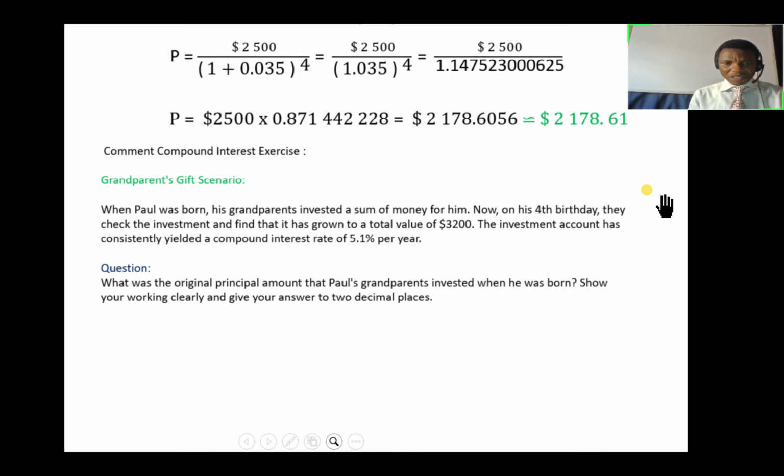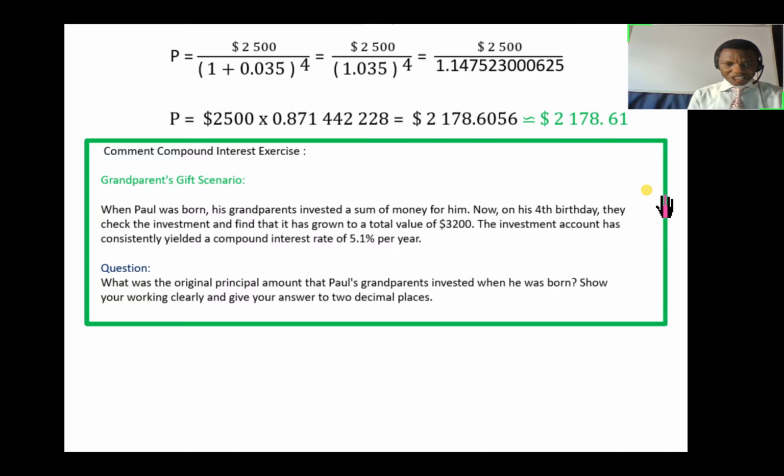So let's look at another question. This is a common compound interest question. Grandparent's gift scenario. When Paul was born, his grandfather invested a sum of money for him. Now, on his 4th birthday, they checked the investment and found that it has grown to a total of $3,200.